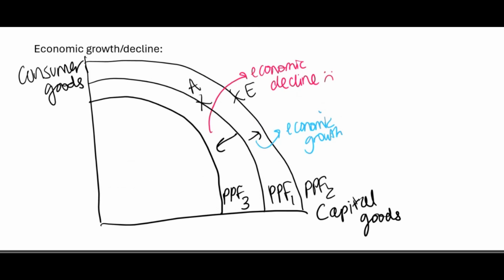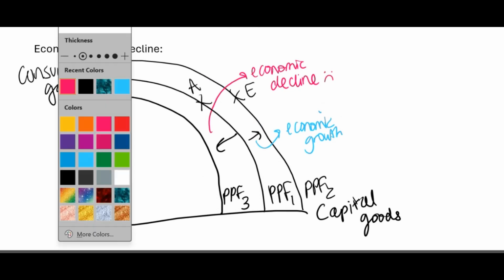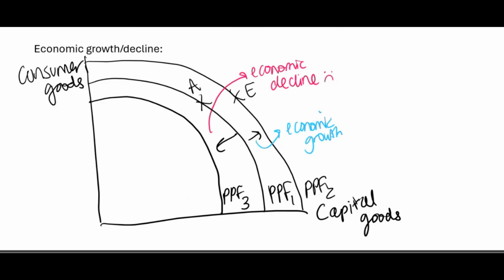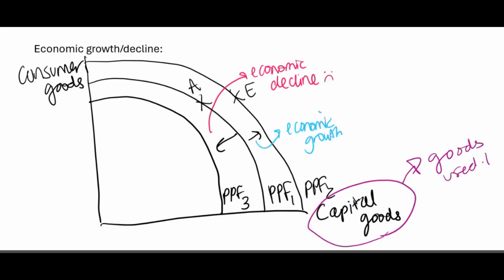Consumer goods is the finished product, and capital goods is like machinery, the stuff they use to make the product. Okay, yeah, that's close. Well done. Capital goods are goods that are used to produce other goods, like you said, machinery.